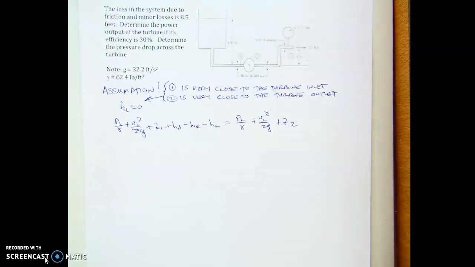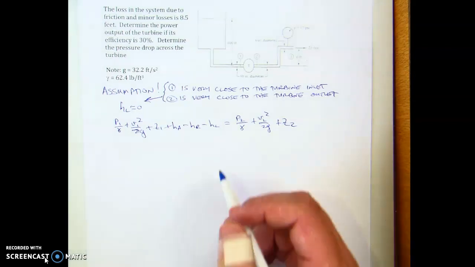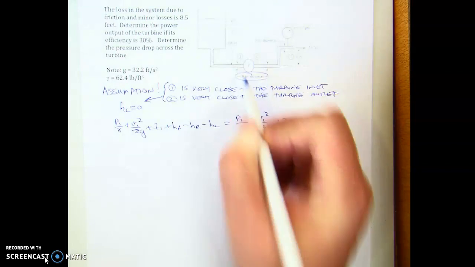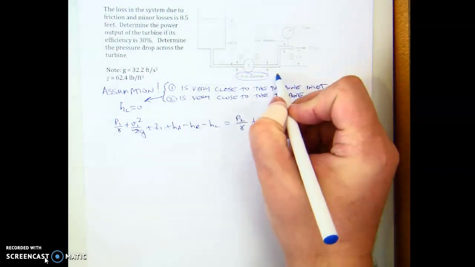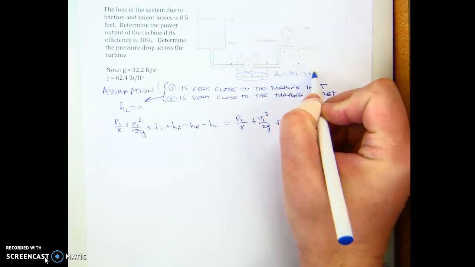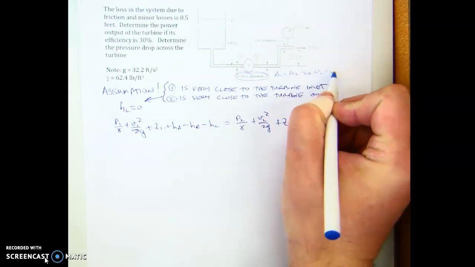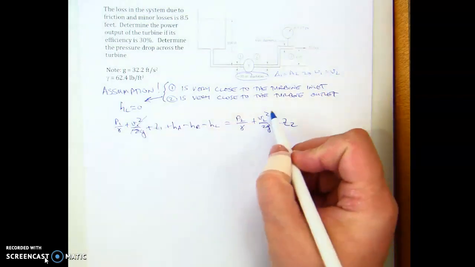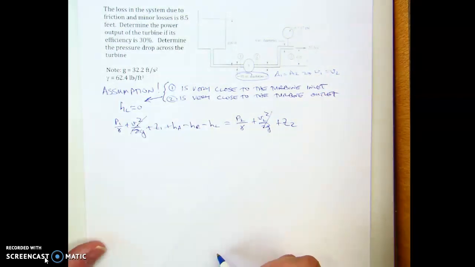Okay, so let's look at the rest of our energy equation. We can see that we've got the same diameter, so A1 is equal to A2, so we should know that V1 is equal to V2 from our continuity equation.